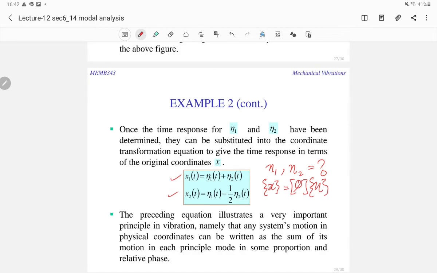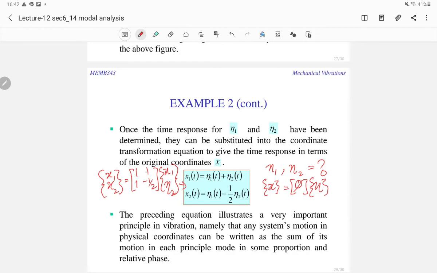So this will become phi. Remember, it has 1, 1. So basically, if I want to write, it should be like this. Then you would have your matrix 1, 1, 1, negative half just now, and then you have your eta 1 and eta 2. So that is how you get this.